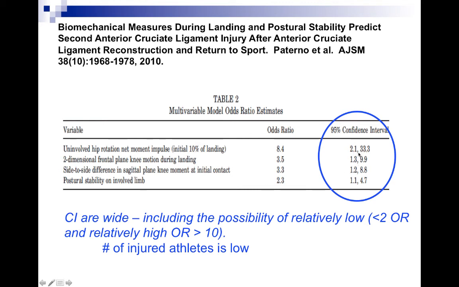So the range of possibilities for this variable are quite high, from almost clinically insignificant to extremely important, especially when we consider that odds ratios at 2 or less are considered very low, and ones that are higher than 10 are considered very significant. Now, the reason for this is that the overall number of injured athletes is low, with only 13 of 56 people being injured.